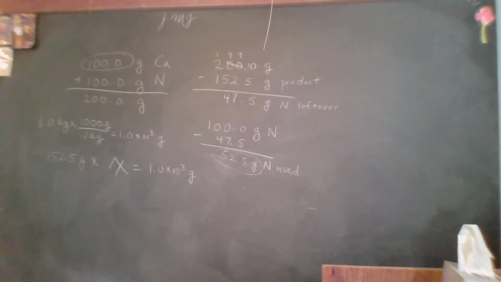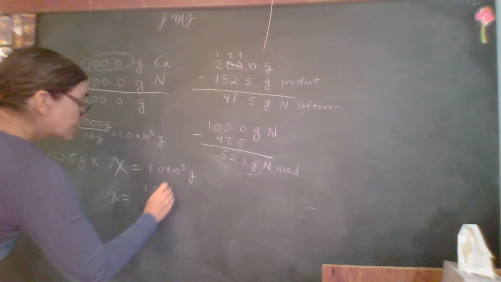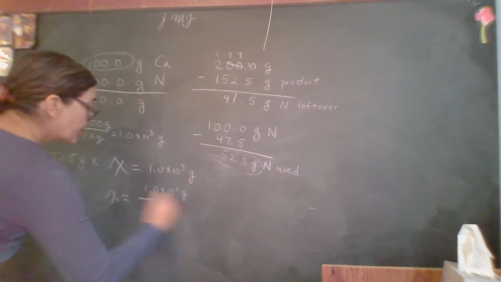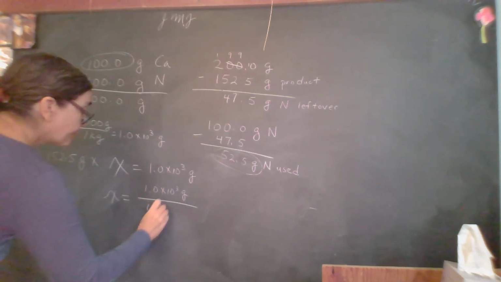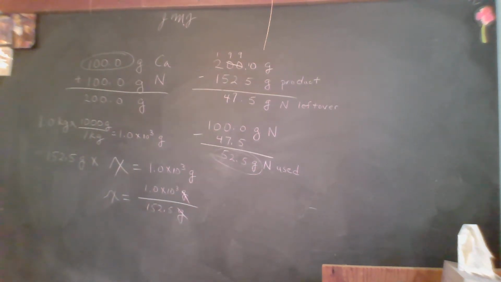So in order to get X, I need to divide. My units will cancel, which is good because I only want a number for my conversion factor, not something with units. So 1,000 divided by 152.5.